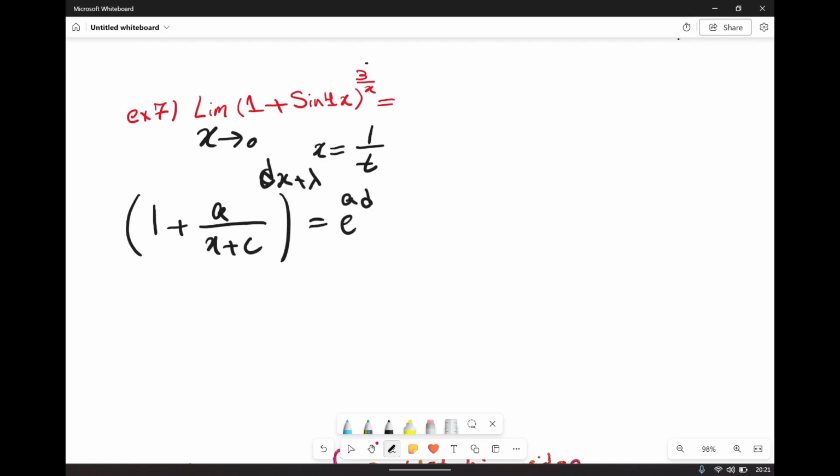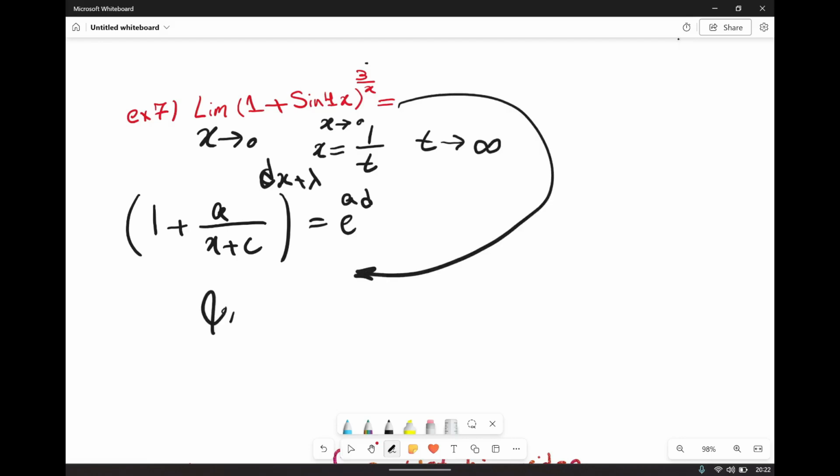Yes, therefore when I change my variable to x equal 1 divided by t, when x goes to 0 exactly t goes to infinity, and that time satisfies our condition, because I can write this as the limit of 1 plus sine 4 divided by t, power 3t, when of course t goes to infinity.